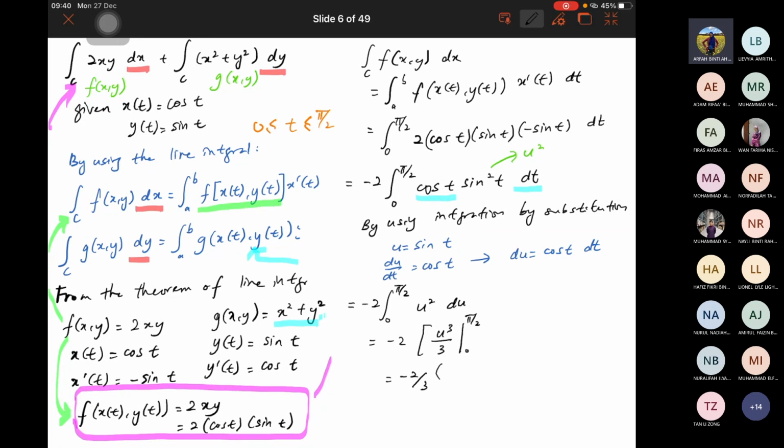U kuasa 3 is sin kuasa 3 t kosong dan juga pi per 2. So sama dengan negatif 2 per 3, 1 minus 0. So dapat jawapan dia negatif 2 per 3. Okay. So itu untuk first part. That one. Untuk 2xy.